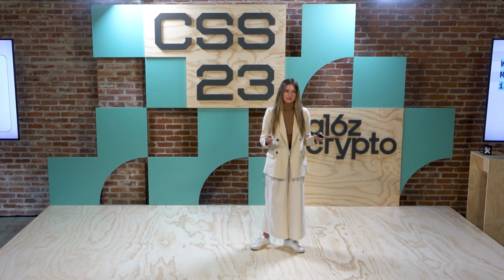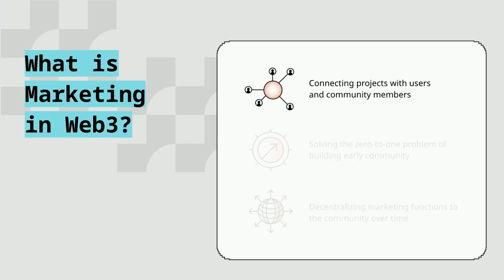But marketing in Web 3 is more like a matchmaking exercise, or it's a good way to think about it. You're almost like a market maker. You're connecting people who would use a product, if only they knew about it, with the product. And so you're matching people up, connecting dots. And then you're solving the 0 to 1 problem of building early community.